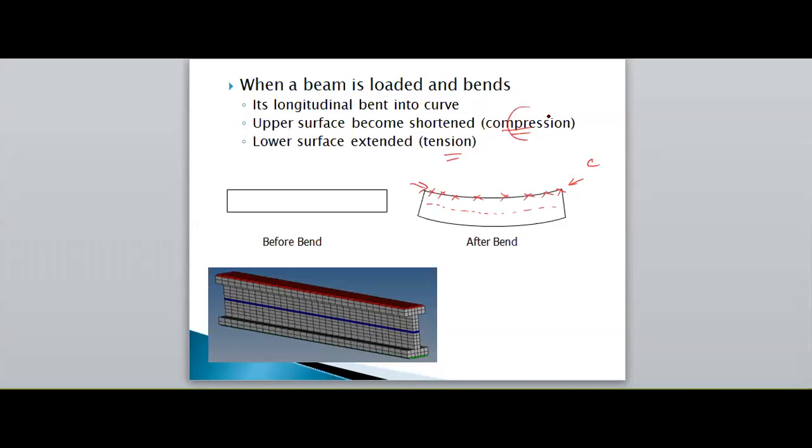It feels a compression, and the lower layers of the beam feel tension. So its length is increasing now. We can see here the layers, the topmost layer. I need to move from the neutral axis.